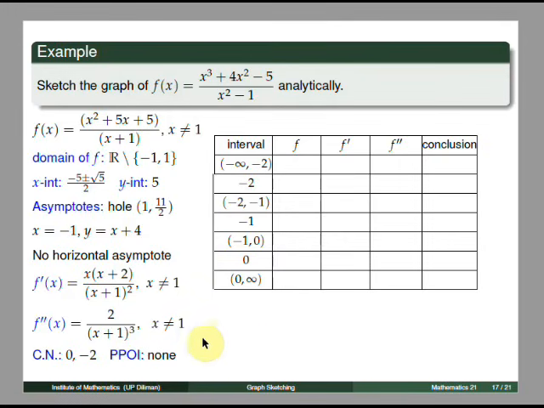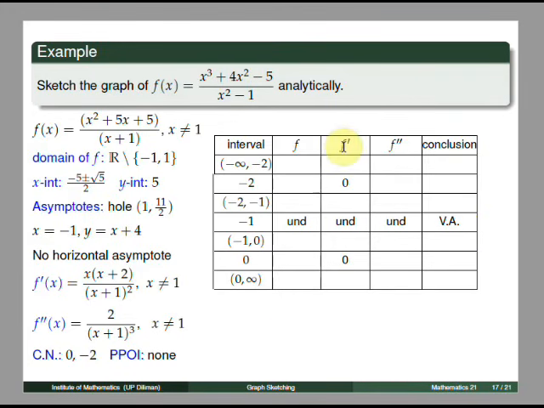Note that we have cut the interval along the critical numbers and the vertical asymptote. We then label the vertical asymptote. Since the vertical asymptote is negative 1, we label it first as undefined.